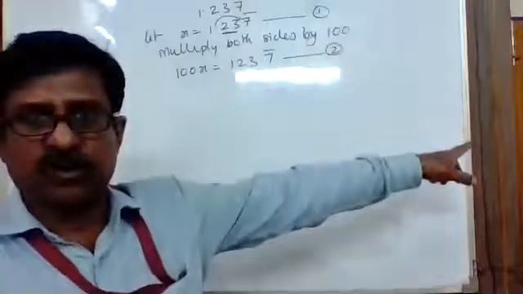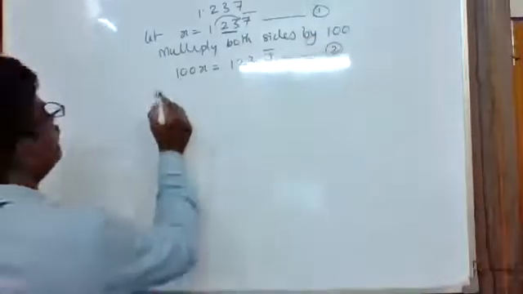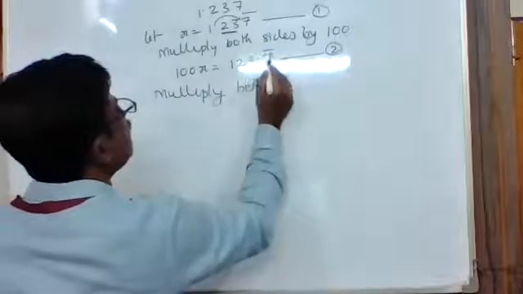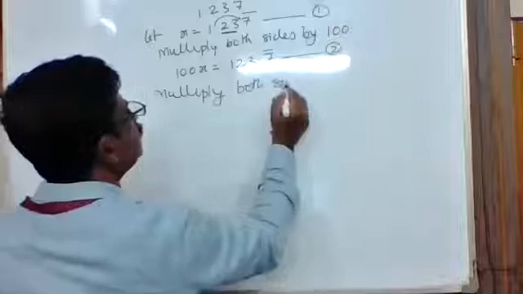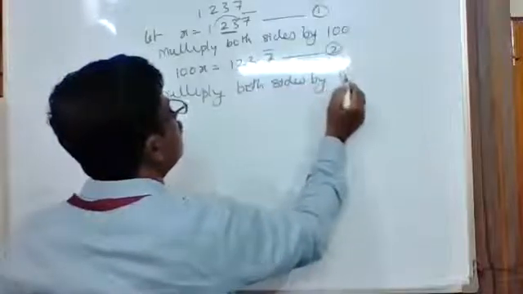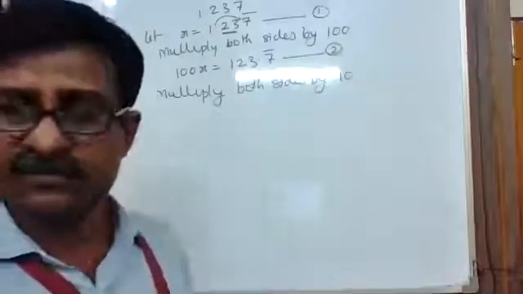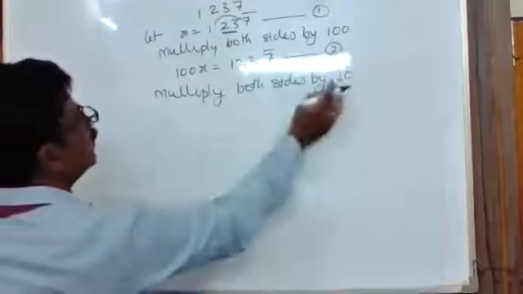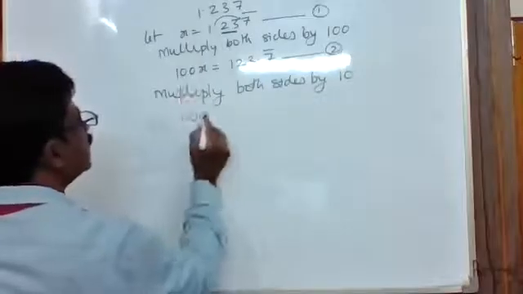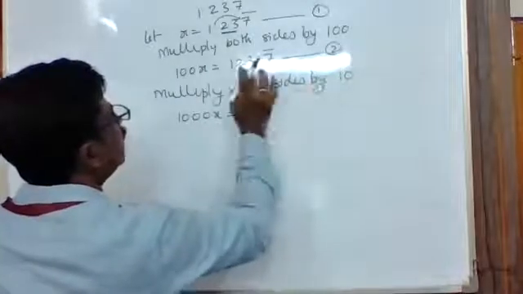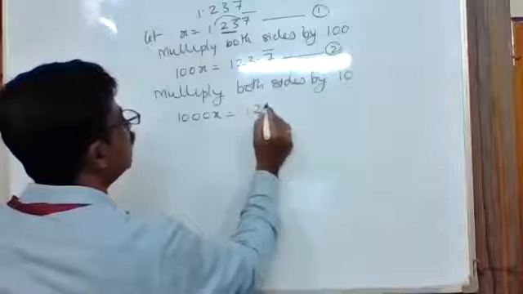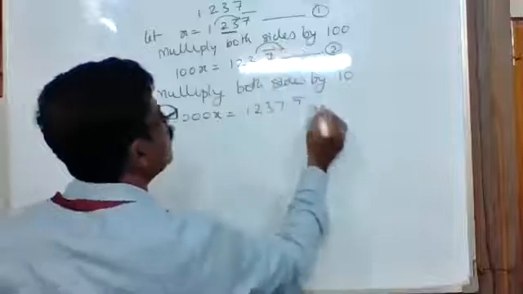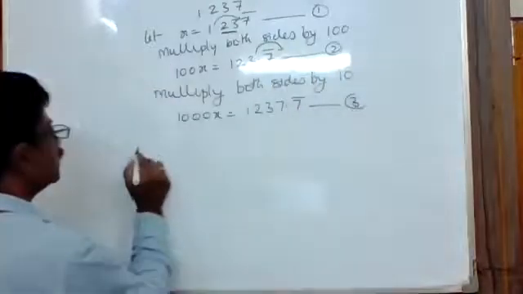After that, we see after the decimal how many digits have the bar. Only one digit has the bar, therefore we multiply this by 10. Multiplying 10 with 100 gives 1000x, and 10 with 123.7 bar gives 1237.7 bar. The point shifts one place to the right. This is the third equation.